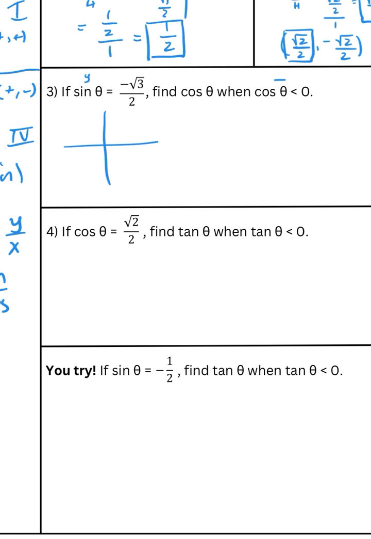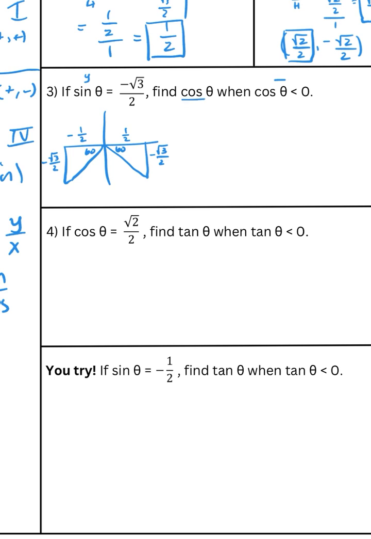So when y is negative, that means it goes down here and down here. So negative square root of 3 over 2 is here and here. That means this is a 60-degree angle, and that also means that this is 1/2. This one's going to be negative and that one's going to be positive.